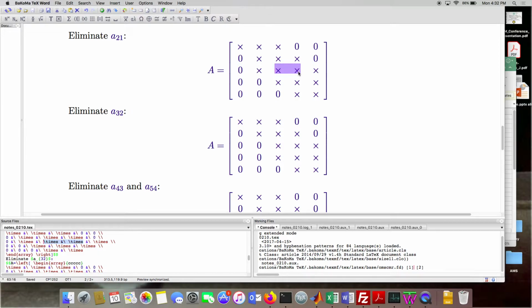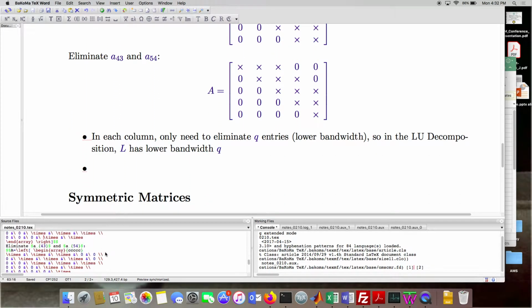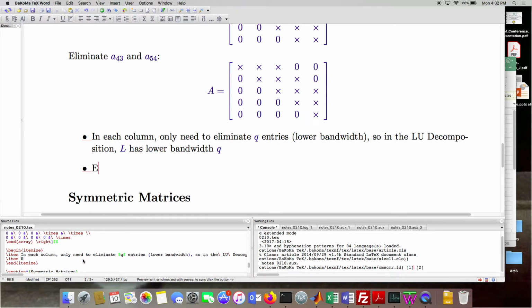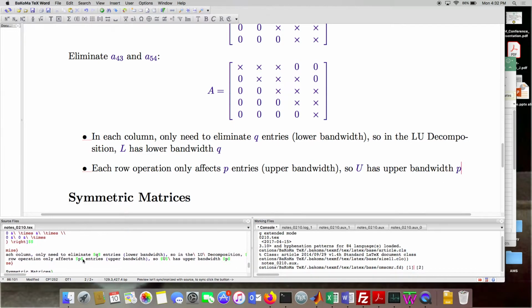These entries are the ones that changed from the row operation. How many entries is that? Equal to the upper bandwidth. So each row operation only affects P entries. That's the upper bandwidth. So U has upper bandwidth P. All right. So the bandwidth propagates to the LU factors.